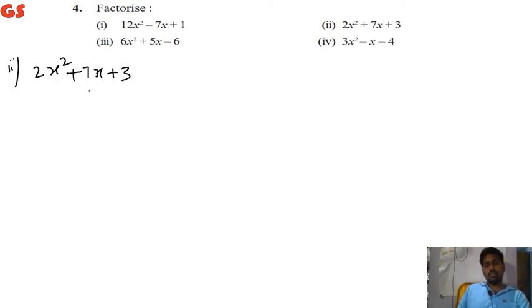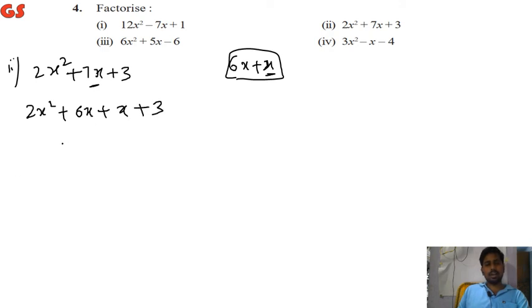So what factor will you take here? We take 6x plus 1x in this. 6x plus x is 7x, nothing but 7x. So we write this equation as 2x square plus 6x plus x plus 3. Now if we take the common term, 2x is common, and we write x inside.